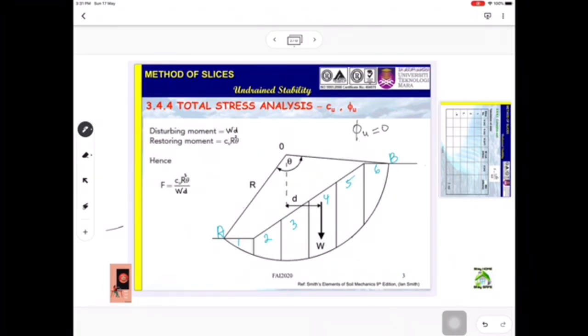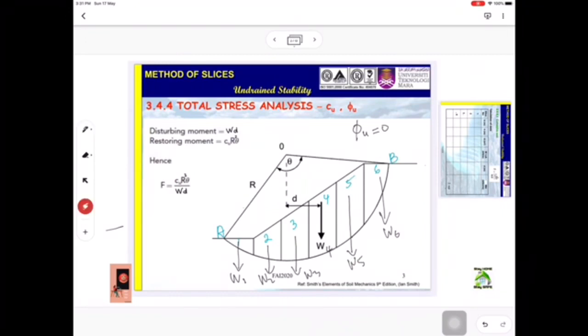At the center of each slice you will have W1 for slice 1, W2 for slice 2, W3 for slice 3, W4 for slice 4, W5 for slice 5, and W6 for slice 6.